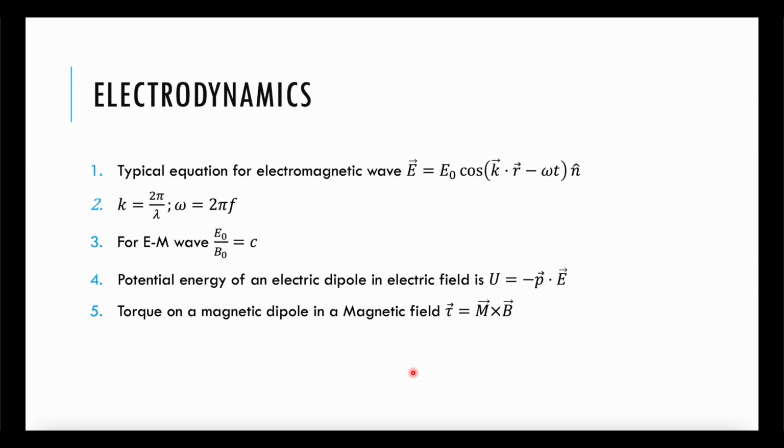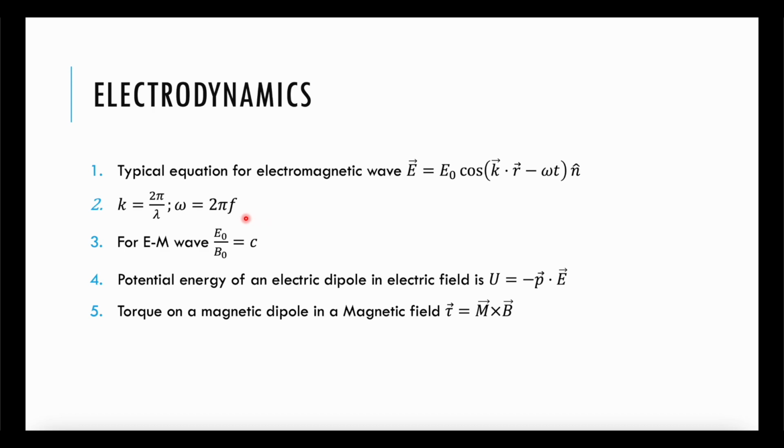So a typical equation for an electromagnetic wave is E0 times cosine of (k dot r minus omega t). K is the wave number, which is 2 pi by lambda, and omega is the angular frequency, 2 pi f. And for an electromagnetic wave, E0 by B0 is the speed of light in that particular medium. There were 3 to 4 problems from this formula.